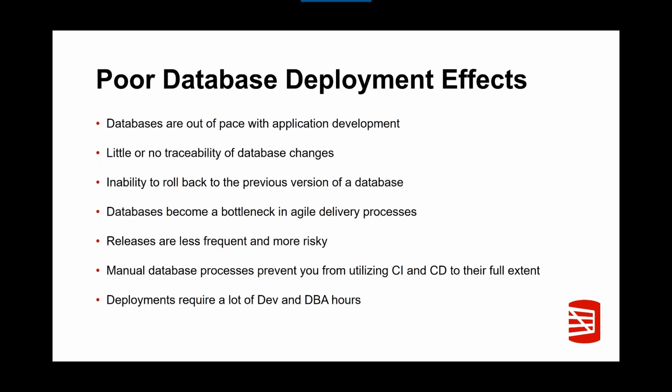Also, if you're moving slowly, if you're not in an agile process, then you are moving your releases out the door less frequently. And that means probably each release is bigger, and bigger releases are more problematic releases. The larger the number of changes you're putting out the door, the higher the likelihood that something could go wrong.